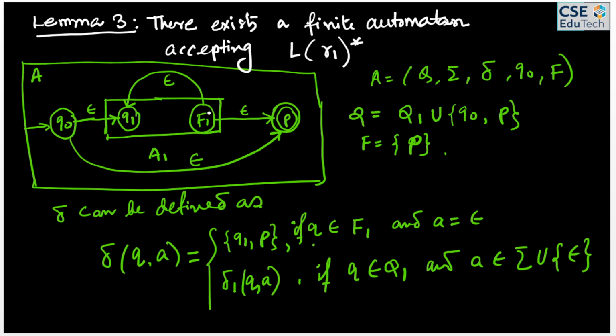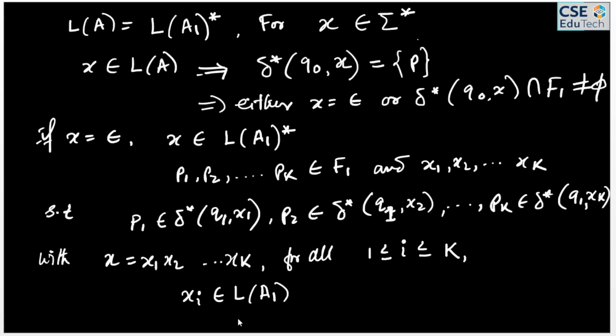After processing x1, you reach this state and go back, then process x2, and so on. And when there is epsilon, from q naught after processing epsilon, it goes to the state P, which is the accepting state. Thus each xi belongs to the language accepted by automaton A1, and we can conclude that x belongs to the language accepted by A1 star.